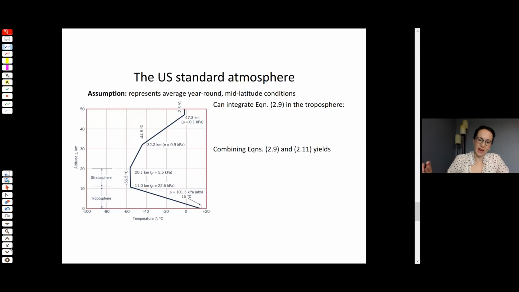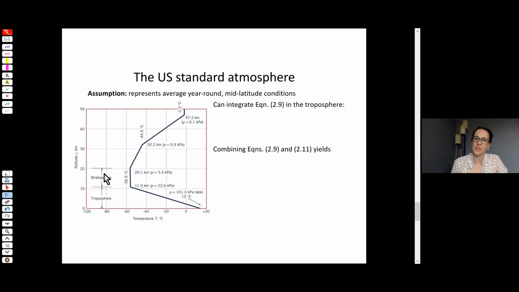So here in the graph, you're seeing temperature on the horizontal axis and altitude on the vertical axis. And here we've got the layer from altitudes of 0 to 10 kilometers. We've got the layer closest to the Earth called the troposphere. Next, we've got the stratosphere. And you'll notice something interesting.